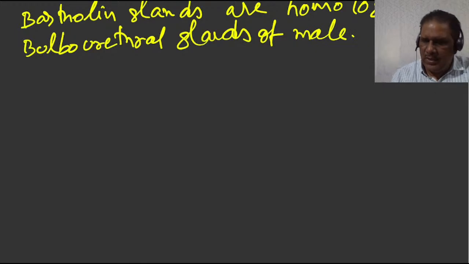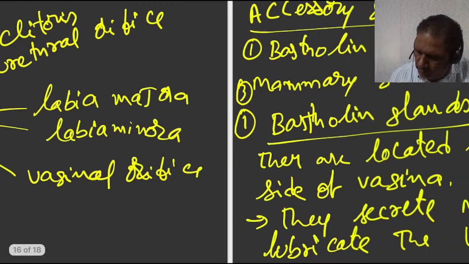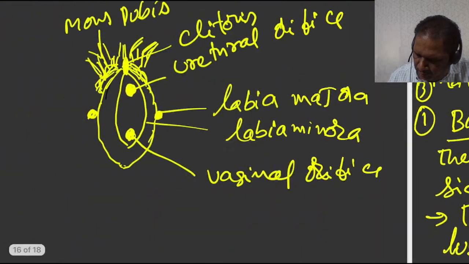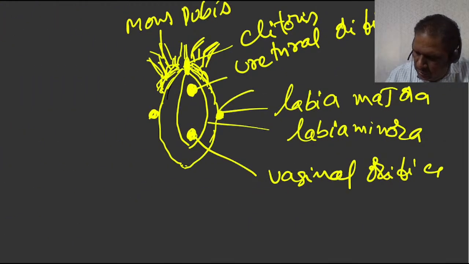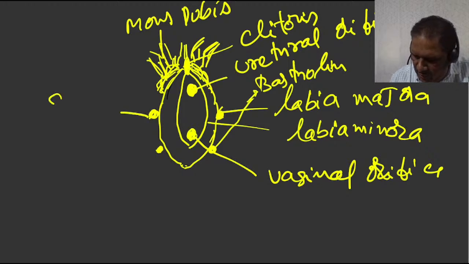Next, Skene's gland. If you observe here, this is Bartholin gland. This one is Skene's gland.